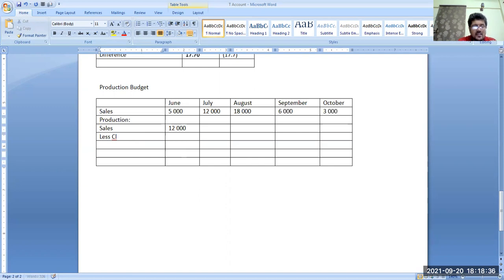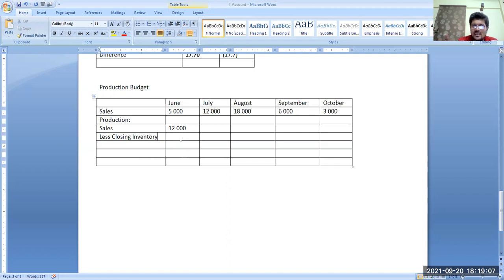Now, closing inventory. What I'm writing here, closing inventory. The closing inventory in June means the following month.